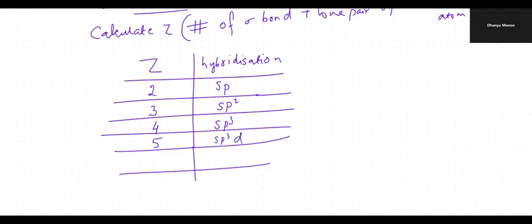If the Z value is 6, that means 6 hybrid orbitals are being formed. So definitely it is sp3d2. sp means 2 hybrid orbitals. sp2 means 3 hybrid orbitals. That you know already. Now let's check out with an example.